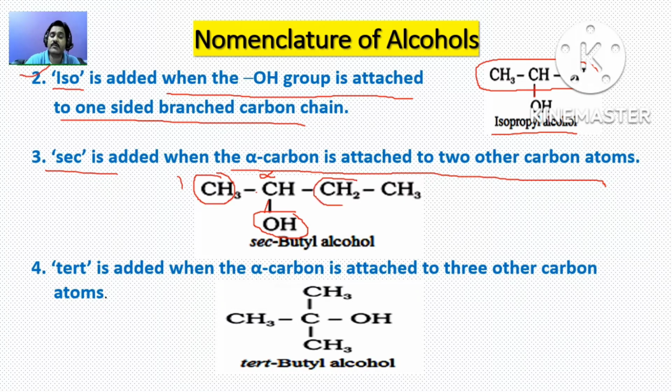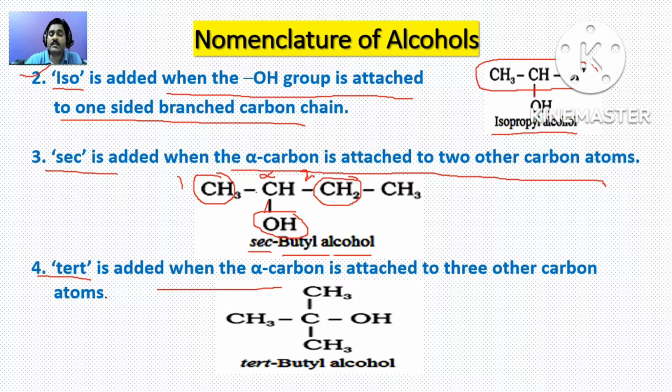Similarly, on the other side another carbon group is present, meaning a total of two carbon atoms combine with the alpha carbon atom. Such alcohols are called secondary. One, two, three, four: four carbon atoms, called butyl alcohol. Secondary butyl alcohol will be its name. Okay. Now, the word tertiary will also be used.